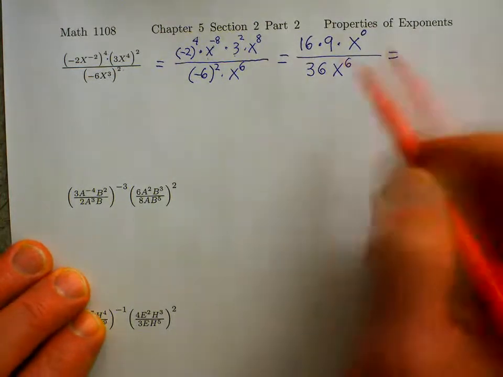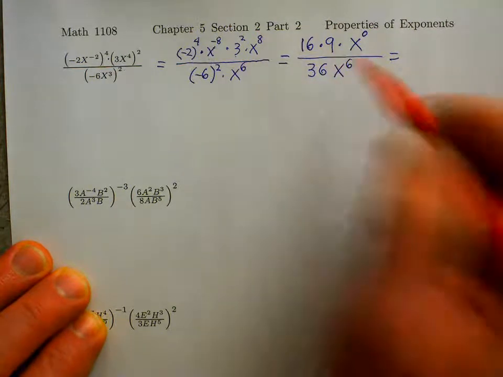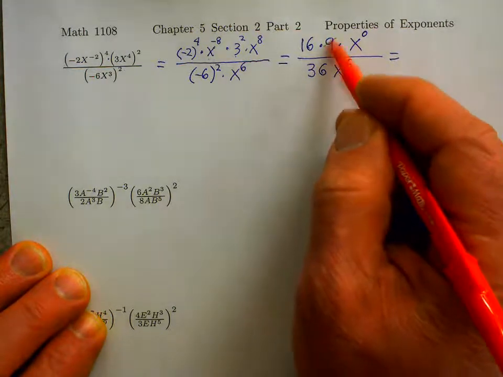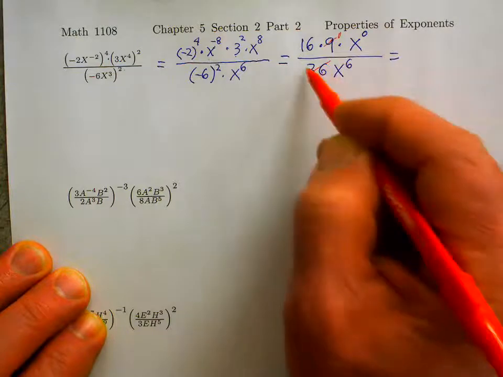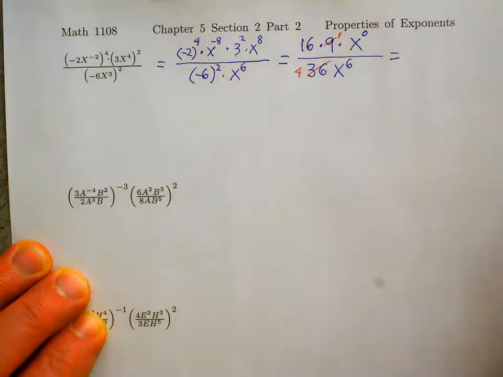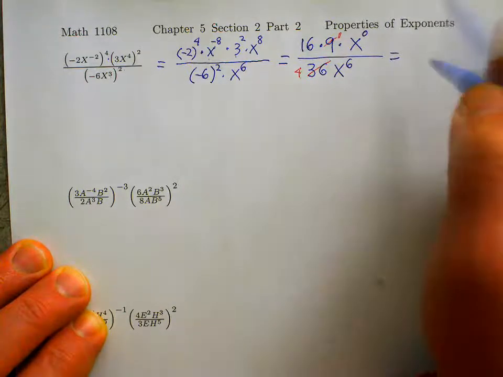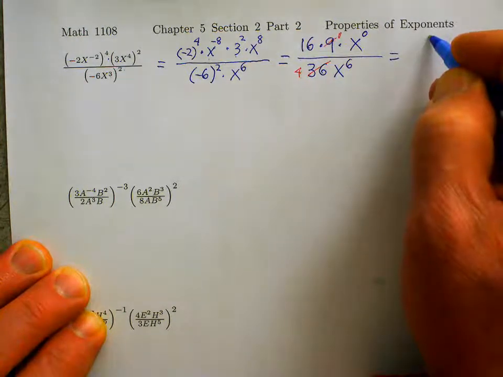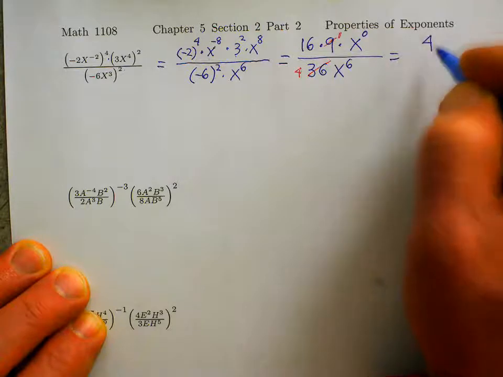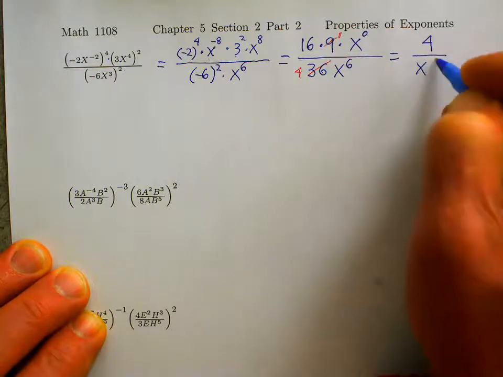Or we can cancel common factors first. 9 goes into 9 once and into 36 4 times. And then 16 divided by 4 is 4. So we just are left with 4 divided by x to the 6th.